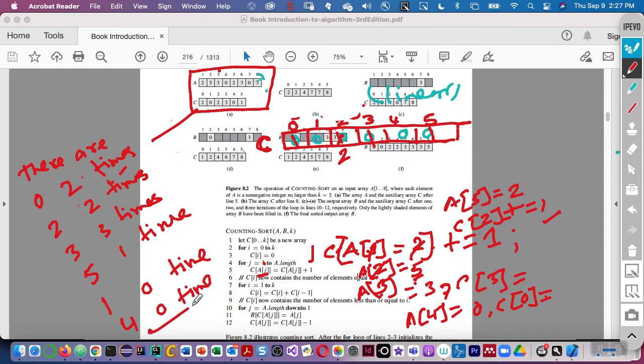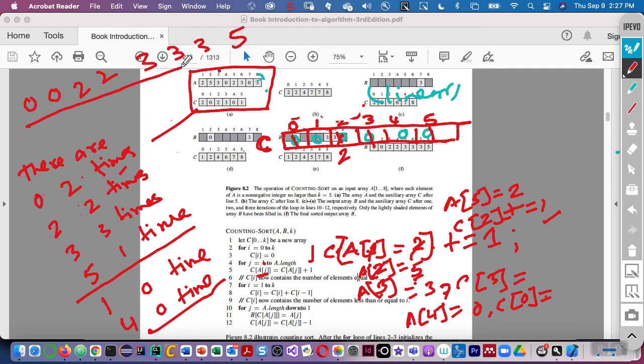We don't need to consider the values that are zeros over here. Now if these are just numeric numbers, then we are done, right? If we get this information, then we can show that there are 0 2 times. That means our final array will be 0 0, then 2 2, then 3 3 3, and then 5. Then that is done.